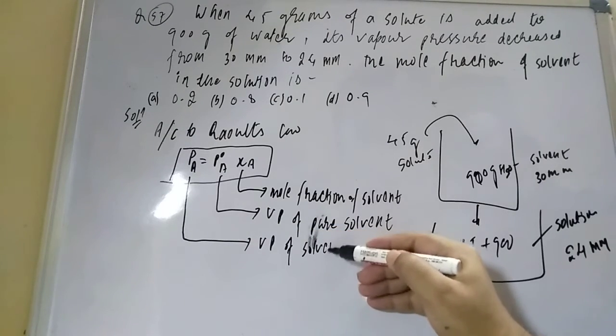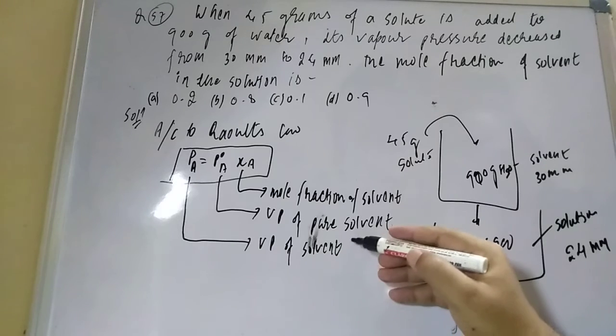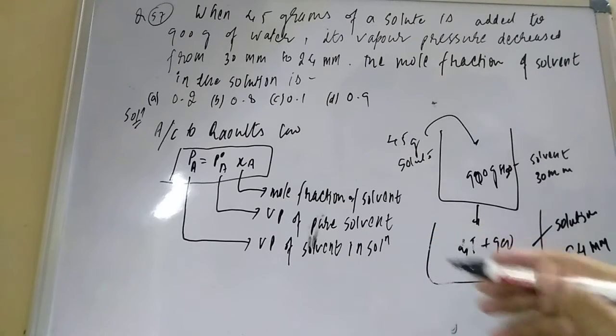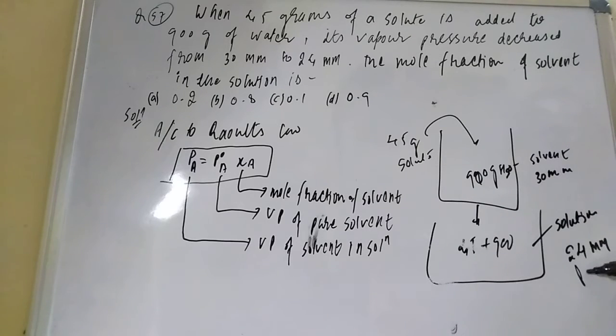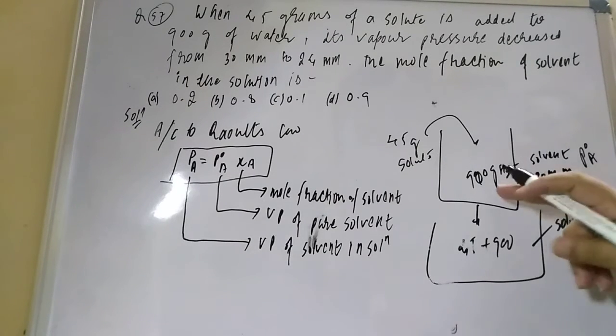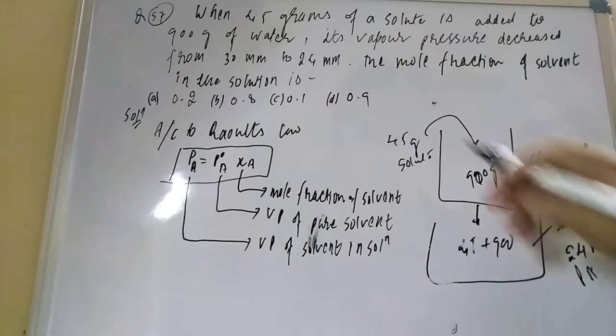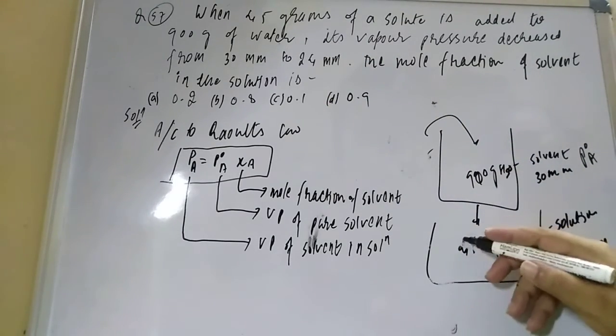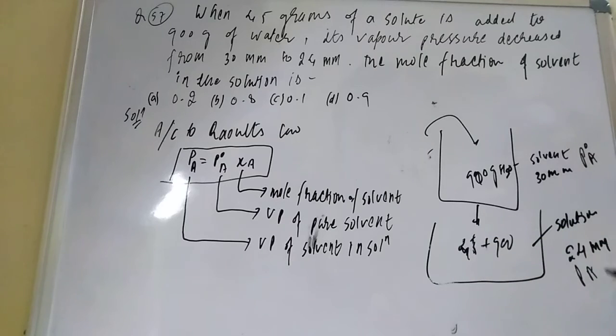So this will become PA, and this will become P naught A, because this is purely solvent. After addition of 45 gram to 900 gram, it becomes impure, that is a solution, so it will be 24 mm.